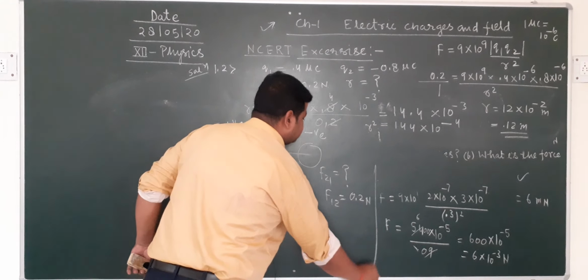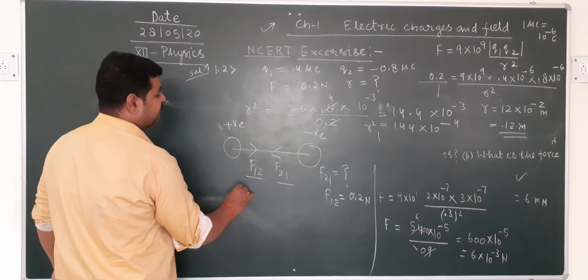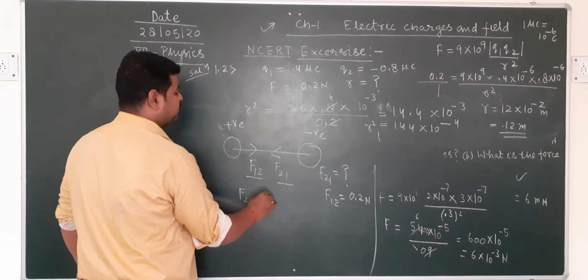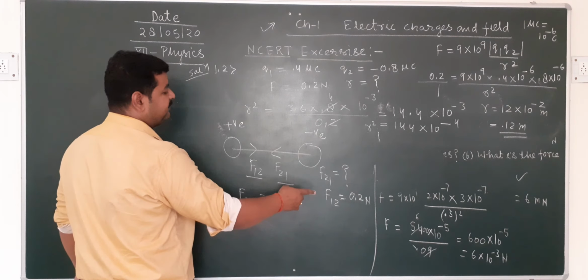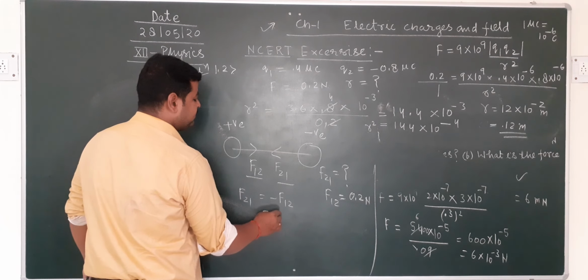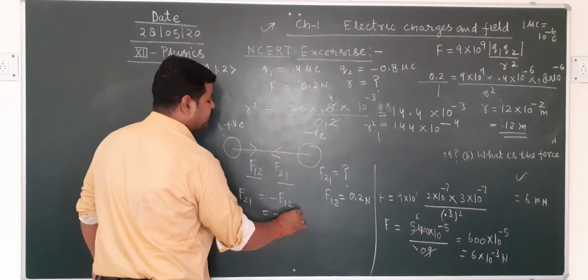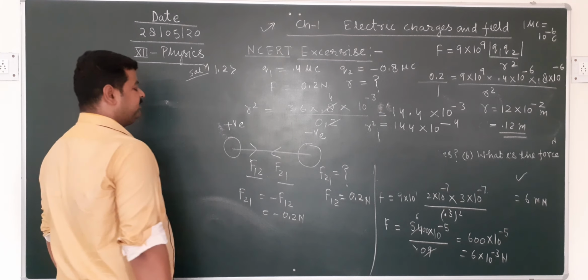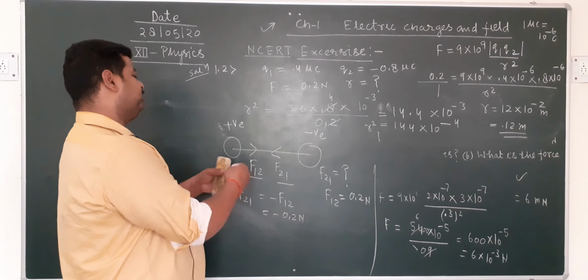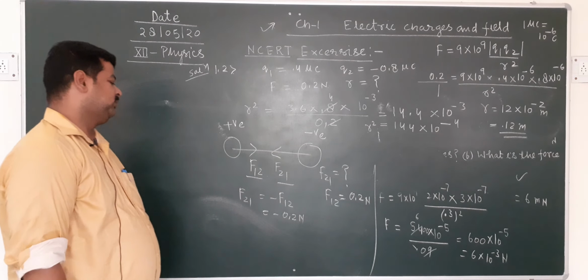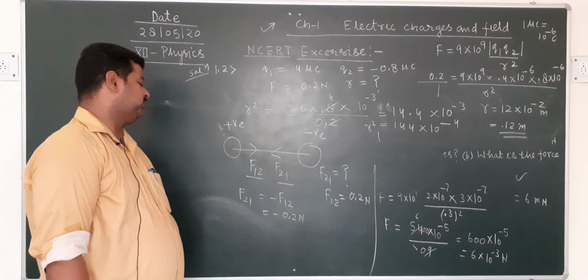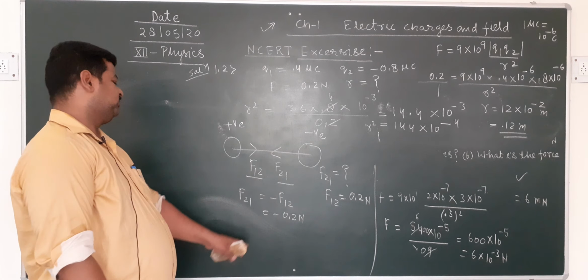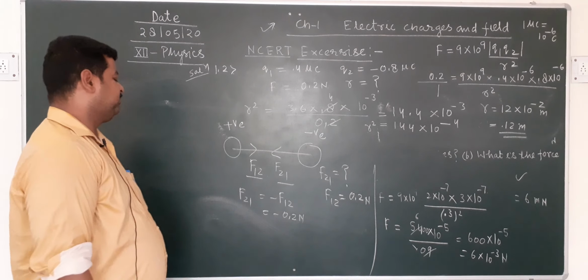So because F21 is equal to minus F12, here we put the value of F12, that is minus 0.2 Newton. Here the minus sign represents the nature of the force between the two charges. So the nature of the force will be attractive. If a negative sign occurs in the relation, it represents the force of attraction.